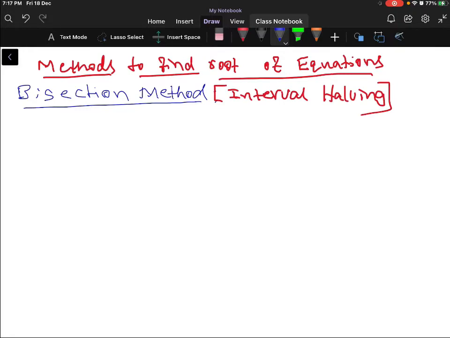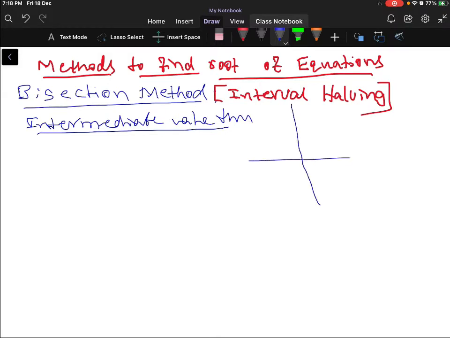It is a numerical method to find root of the equation. This method is based on repeated application of intermediate value theorem. So what this theorem says, let us show it graphically.